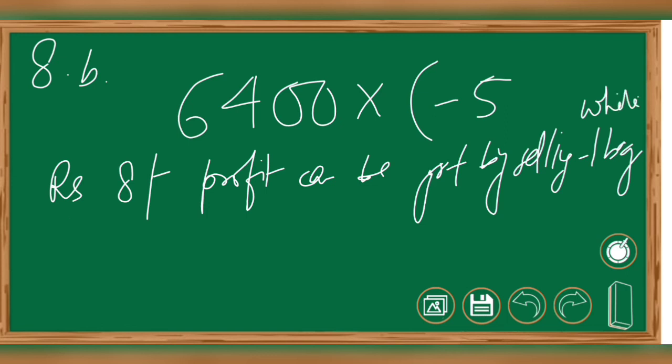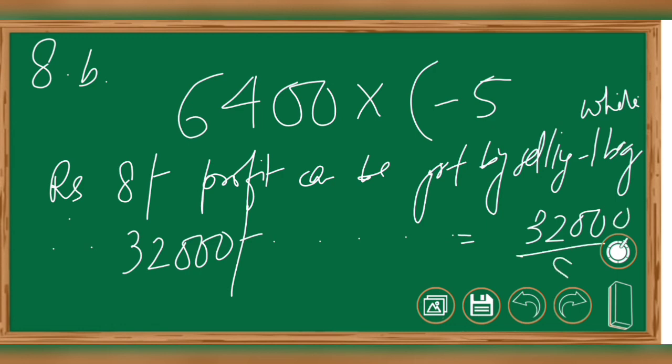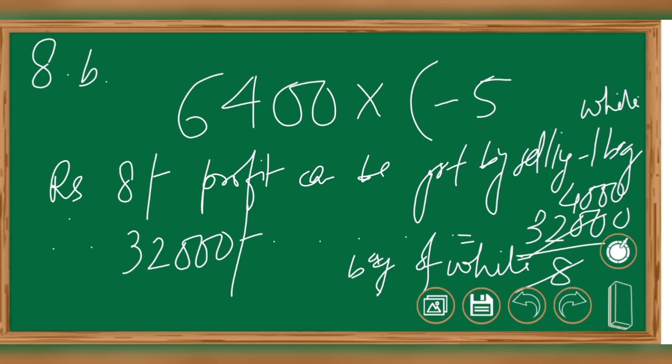Now rupees 32,000 profit can be made if 4,000 bags of white cement are sold. Means he will sell 4,000 bags of white cement. Okay, very easy sum. Now let's come to the next sum.